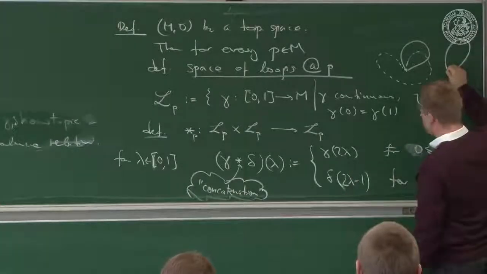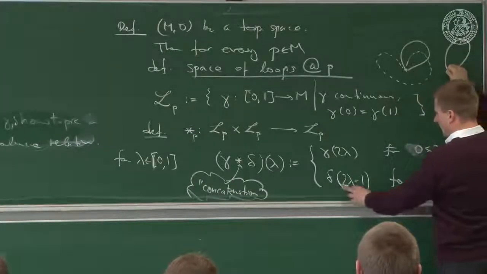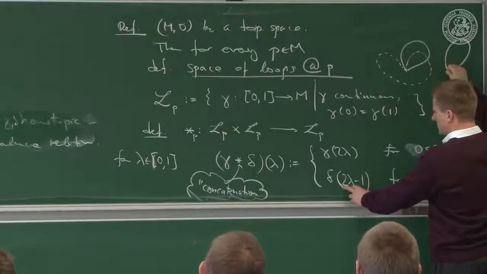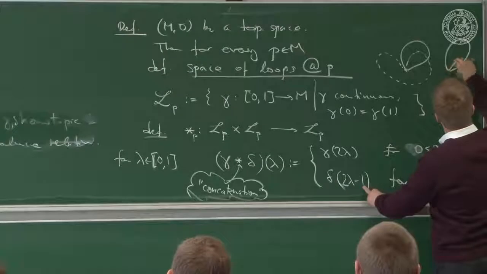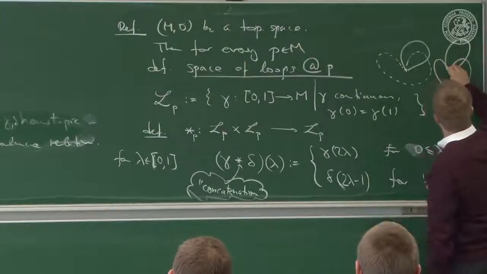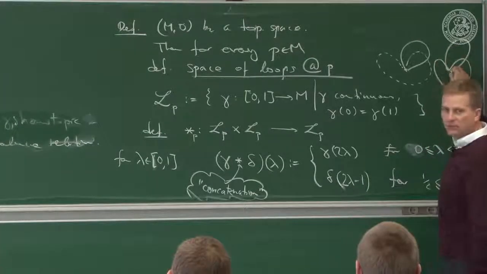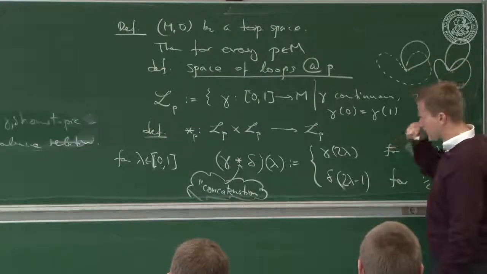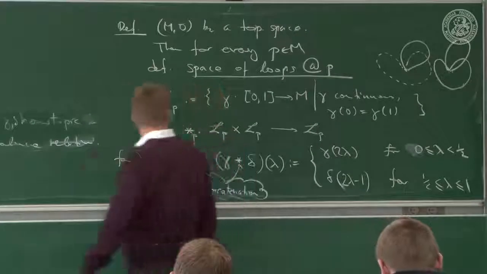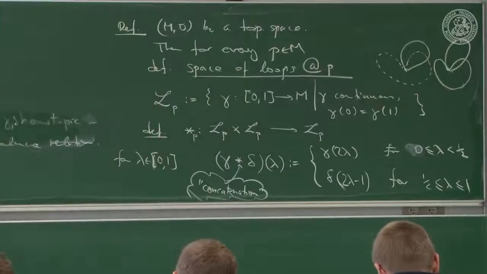And then you run through the second loop, because at 1/2 you are at 0 here, and you run to 1. You then run through the second loop, and you come back, and the whole thing altogether is a loop, because it's the same starting and end point. And yeah, so you have this concatenation of loops.